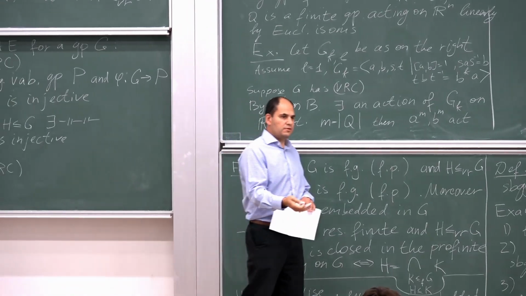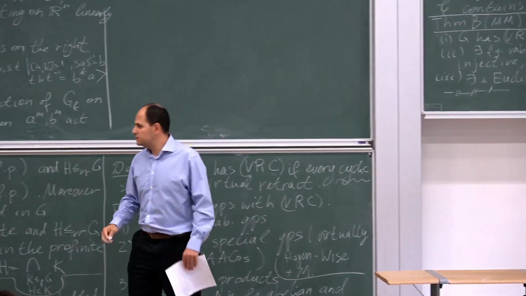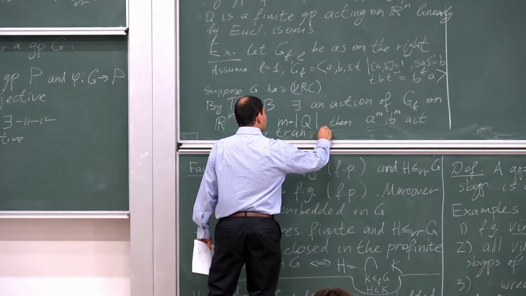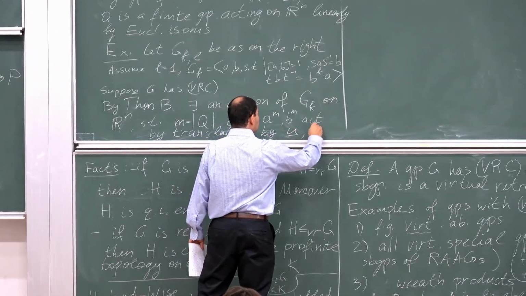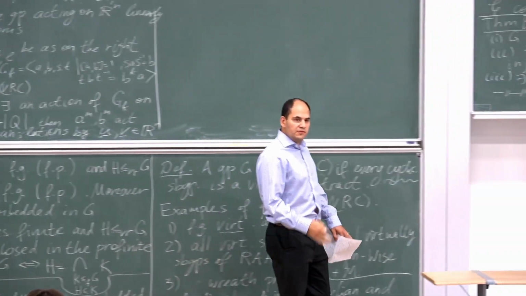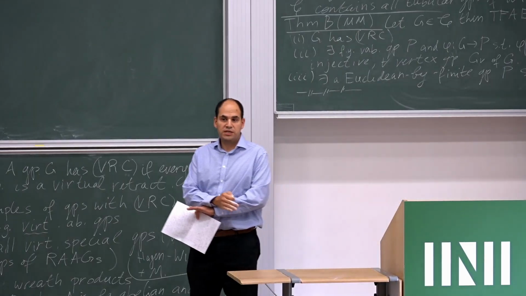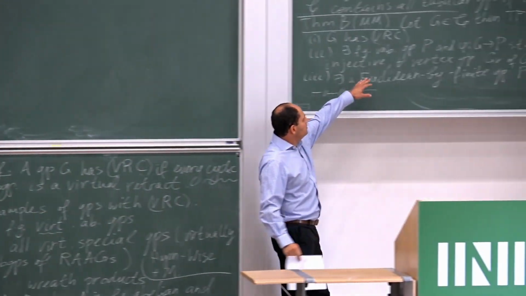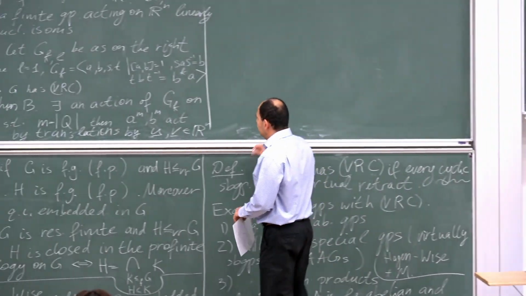Because they are mapped into Rn semi-direct Q, then the Mth power will be in Rn, so it's an action by translations, some vectors U and V in Rn. Moreover, it's a faithful action of the AB plane because it's injective on the AB. That's the condition, right? AB is the vertex group here. So it's injective on the AB.